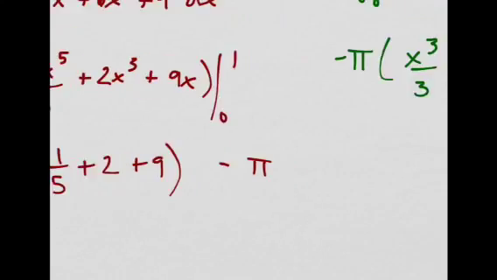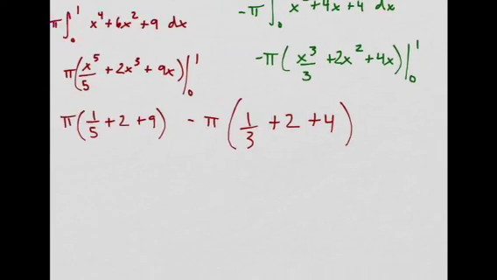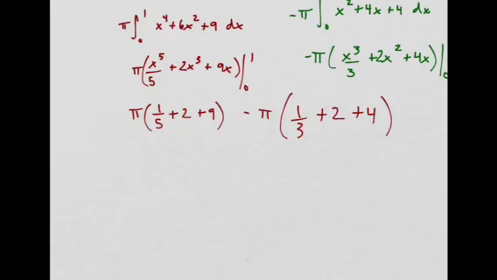Minus pi times 1/3 plus 2 plus 4. After simplifying, you should get 73 over 15 pi, and that is the volume.